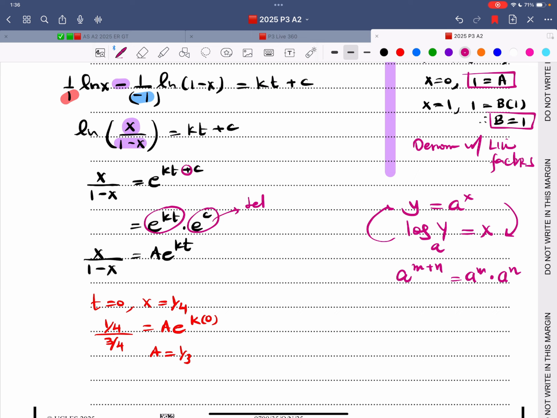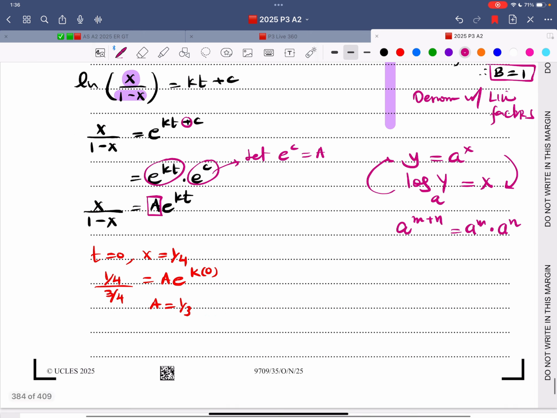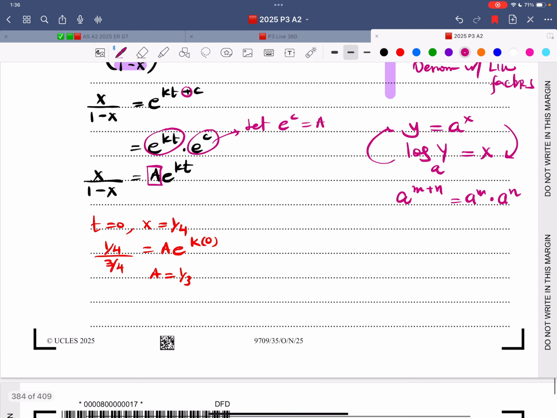Let e power c equal a constant A. That is how I get this A. Now the first condition, t is 0, x is 1/4. 1 minus 1/4 is 3/4, 1/4 over 3/4 is 1/3. e raised to the power of k into 0 is e raised to 0, which is 1, so A is 1/3.